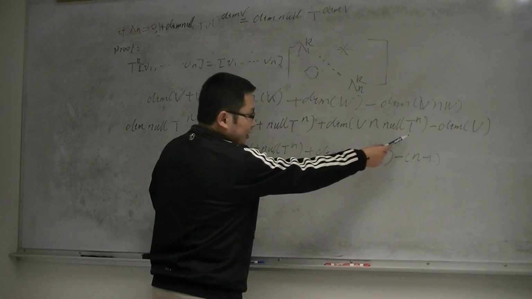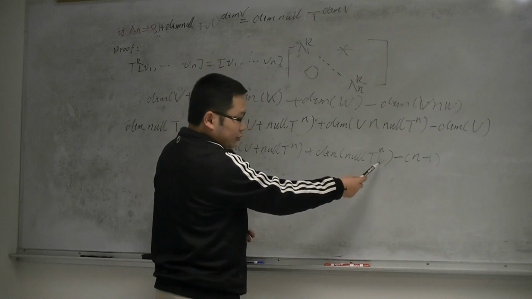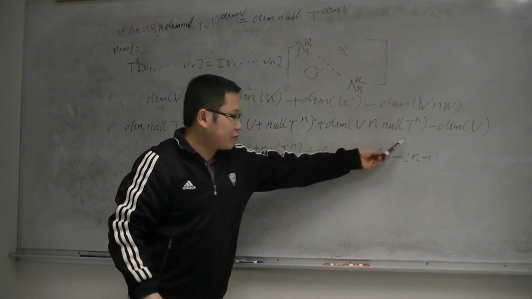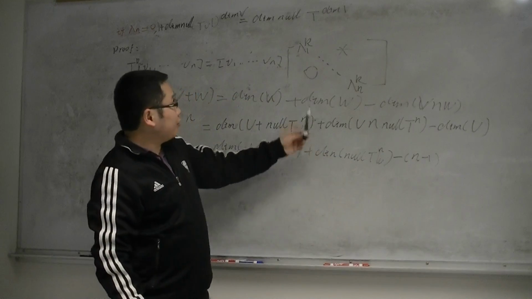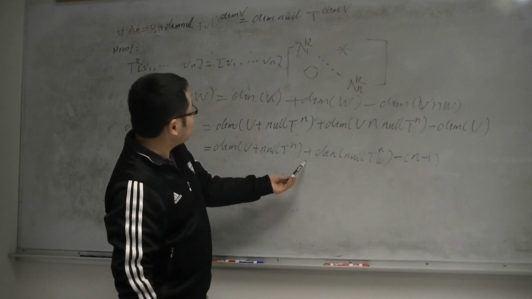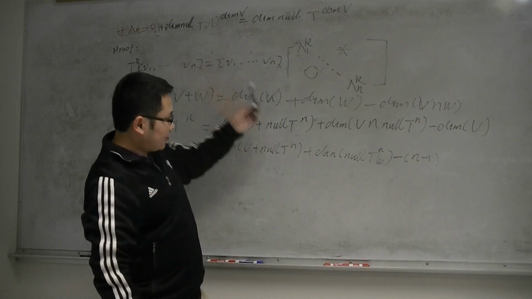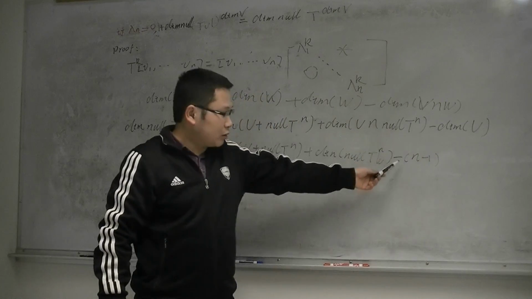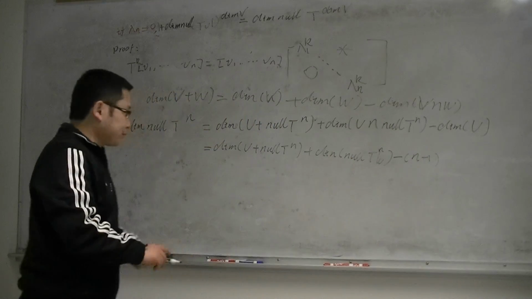Because the null space of Tn all belongs to U, it's in the U subspace. You can use this to describe this meaning, which is this one is equal to this one. And because U has dimension n-1, it's just n-1.